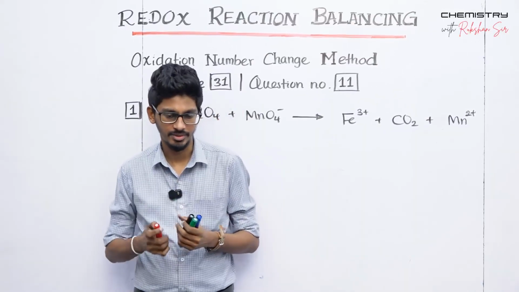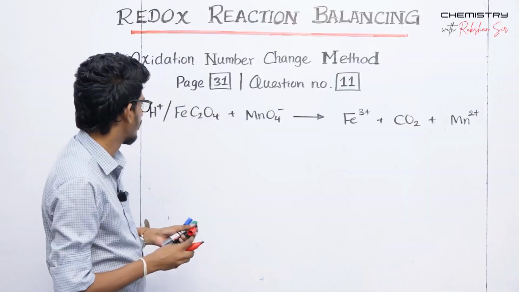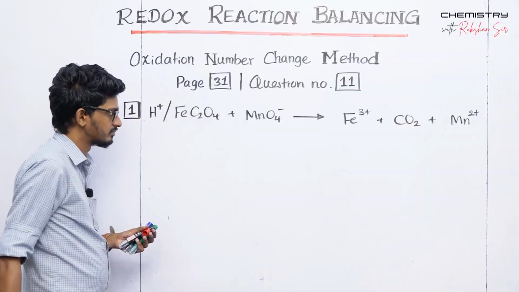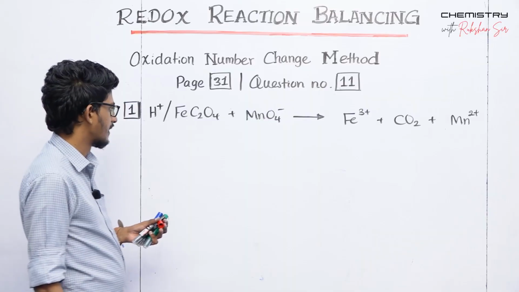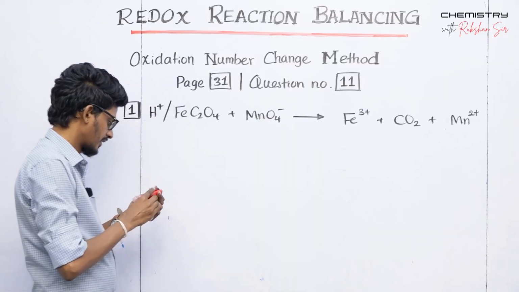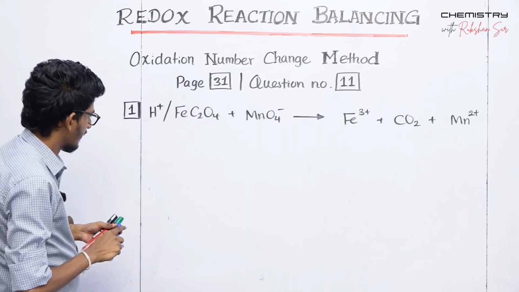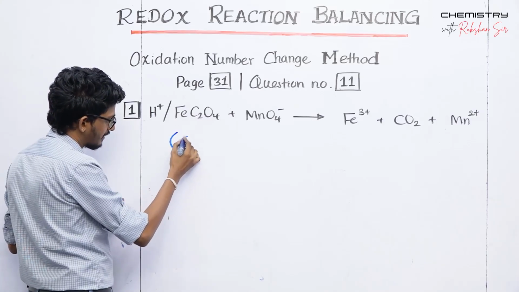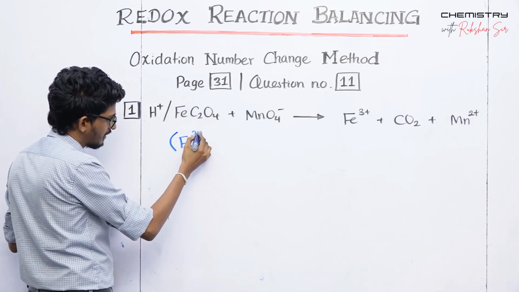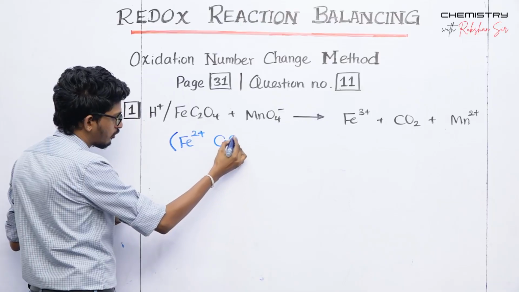The idea is this. If you examine this, you can clearly see the 2 ions here. One can write them as Fe2+ and C2O4 2-.